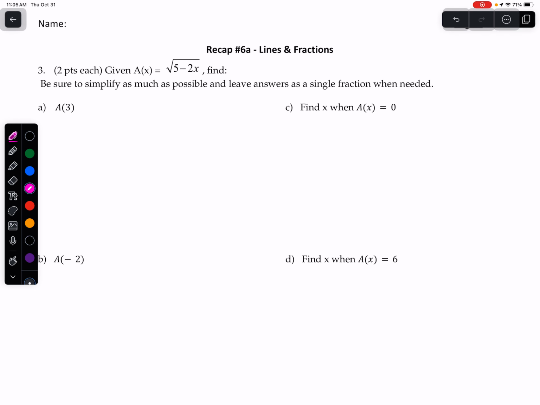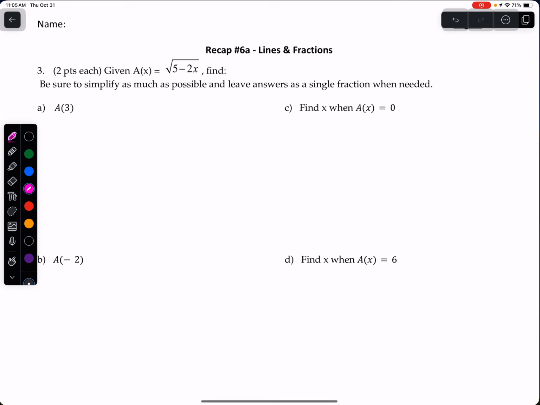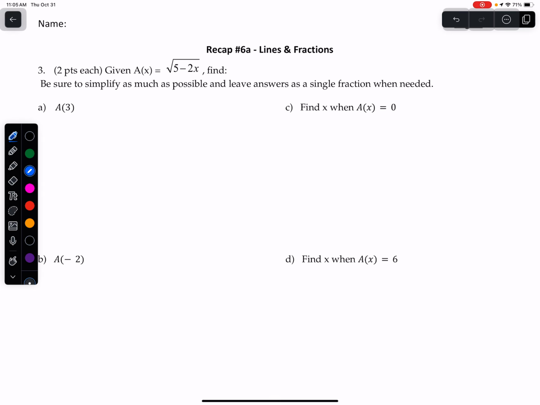Okay, given this, find a of 3. So the big issue here, again, is this is my input. So a of 3 means my x becomes 3. So in other words, this 3 replaces that x and that x.